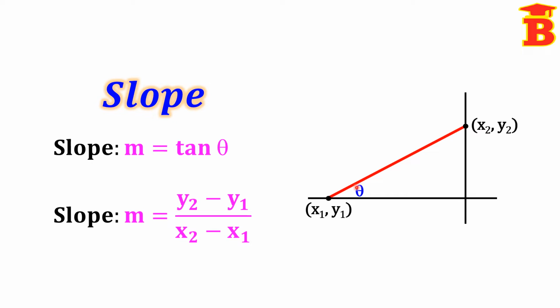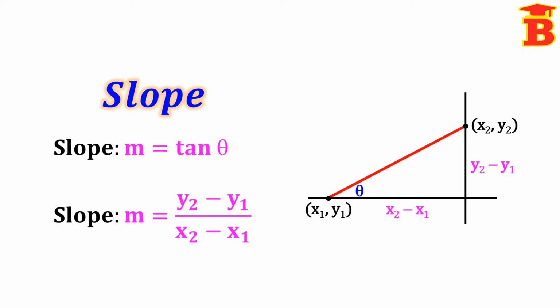So if the angle theta is given, then we have to use this first formula. Now this x distance is x2 minus x1 and this y distance is y2 minus y1, and we know that tan theta equal to opposite divided by adjacent.